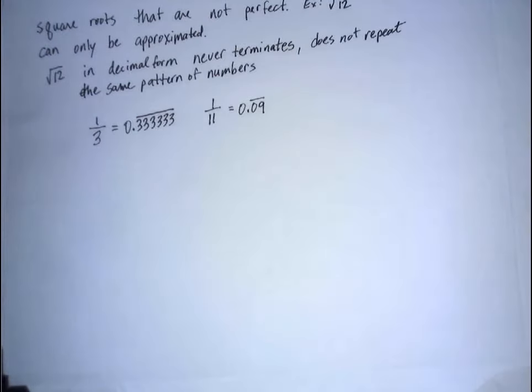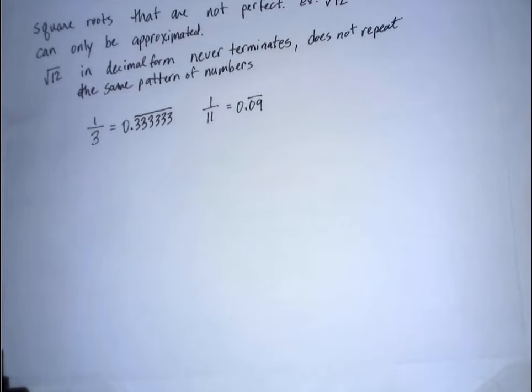Well, let's look. Let me bring up the square root of 12 here, an approximation of the square root of 12, so that we can see what we're talking about. I'm just going to type 12 on a calculator and hit square root.